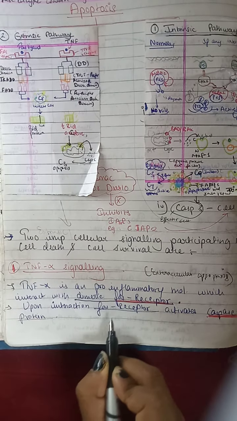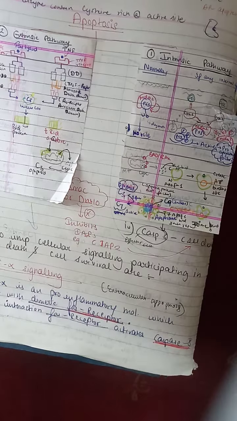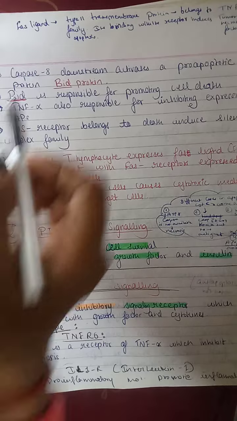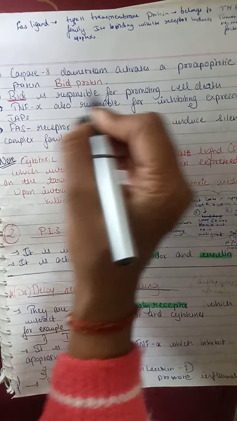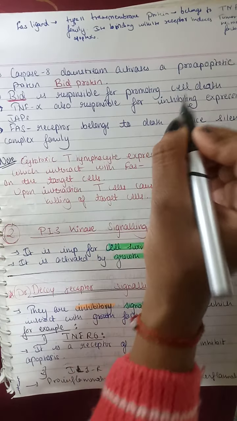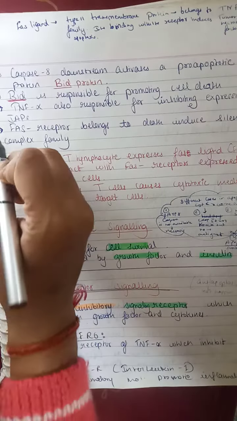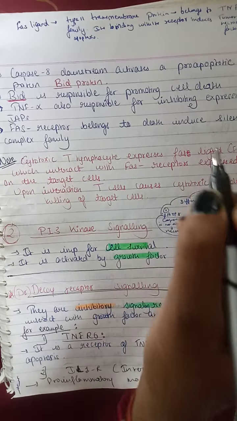Upon interaction with the FAS receptor, it activates the caspase 8 protein. And caspase 8 downstream activates the pro-apoptotic protein BID. BID is responsible for promoting cell death. TNF alpha is also responsible for inhibiting expression of IAPs. FAS receptor belongs to the death inducing signaling complex, that is DISC.